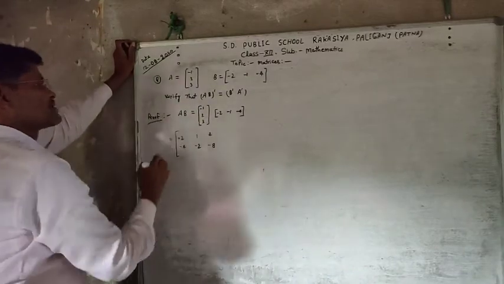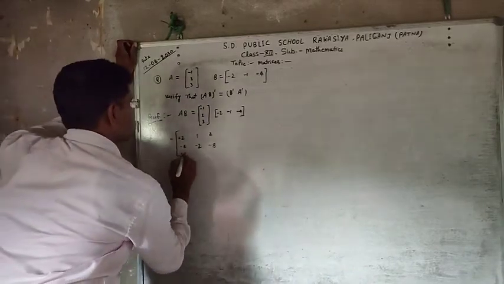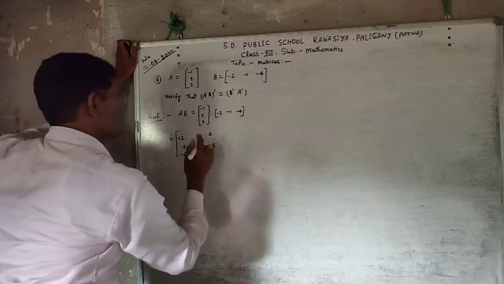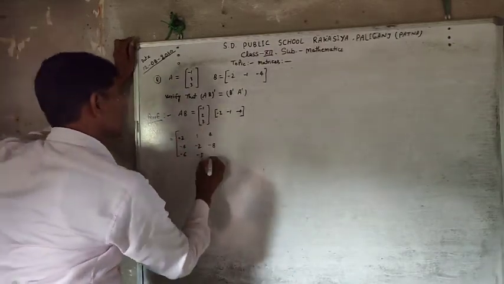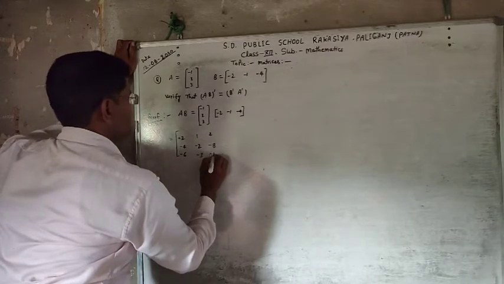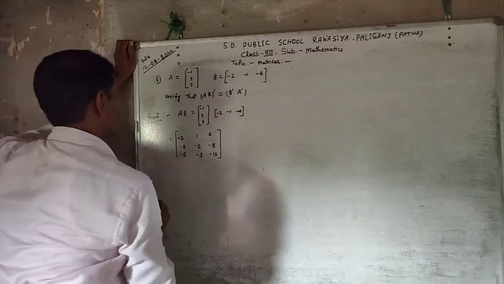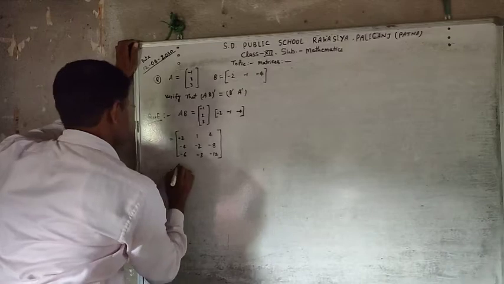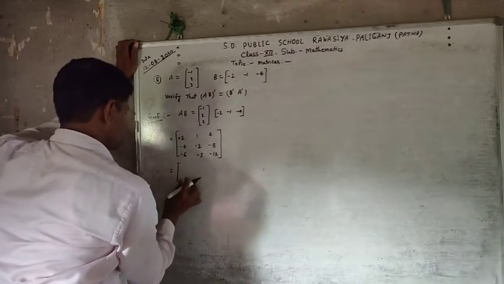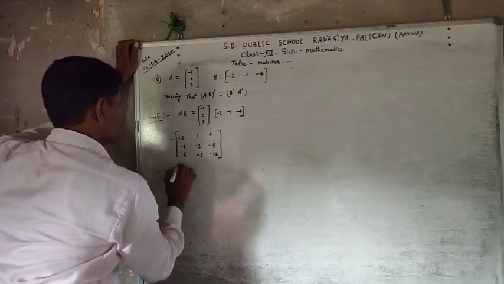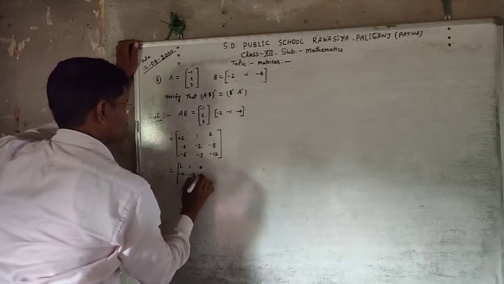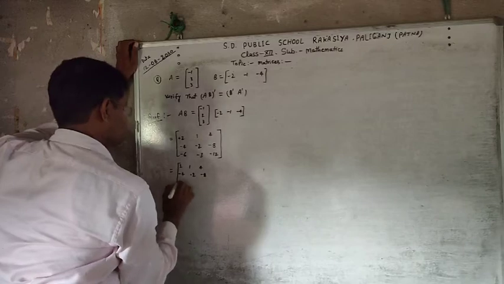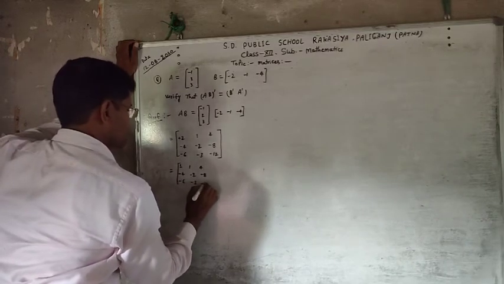Then 3 into minus 2 is minus 6, 3 into minus 1 is minus 3, and 3 into minus 4 is equal to minus 12. Hence AB is completed, and AB is 2, 1, 4; minus 4, minus 2, minus 8; and minus 6, minus 3, minus 12.